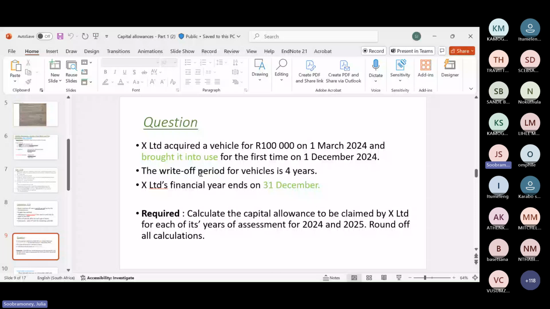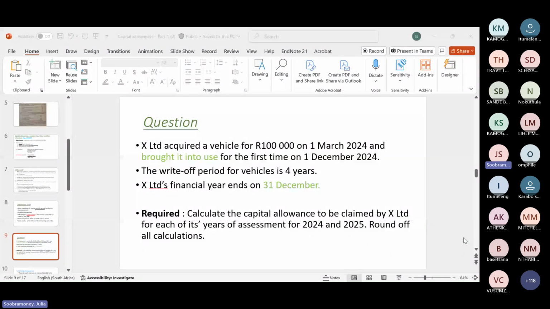So can you tell me for 2024, how many months are we going to claim an allowance for? Remember, when I speak about a tax year, it's always 12 months, right? So if I tell you the year ends on the 31st of December, can you please tell me what 12 months am I looking at during this tax year? I'll tell you the year of assessment is 2024.